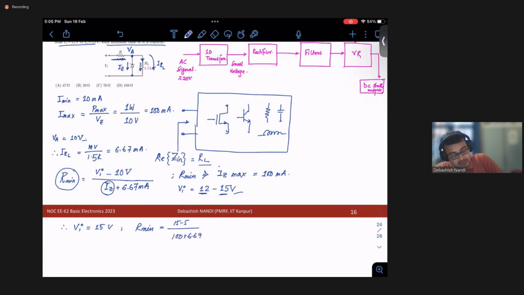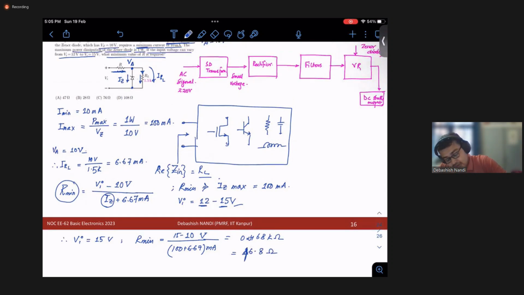This is in milliamps, this is in volt. So 15 minus 10 or 5? Oh, sorry, right. Thank you for being attentive. 15 minus 10, that means 5 divided by 106.67, right? So it is coming out to be 0.04688 kilo ohm, that means nothing but 46.8 ohms, right? So your answer would be 47.